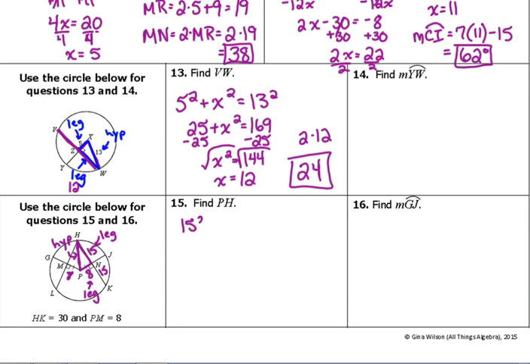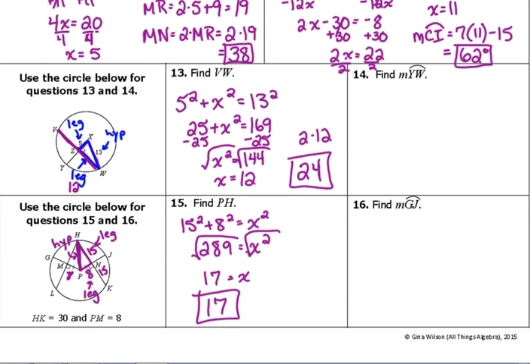So leg squared plus leg squared equals hypotenuse squared. 15 squared plus 8 squared is 289. The square root of 289 is 17. That's the hypotenuse. Well, guess what? The hypotenuse is what we're looking for. PH is the hypotenuse. So 17 is, all right, that's right.